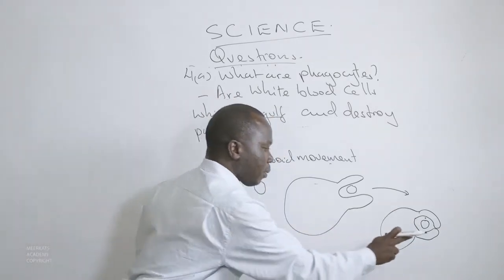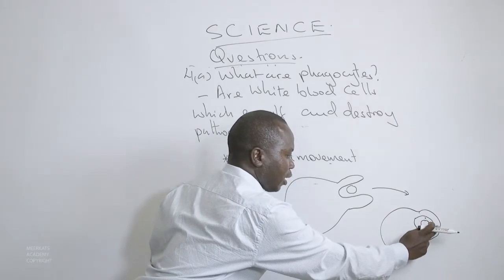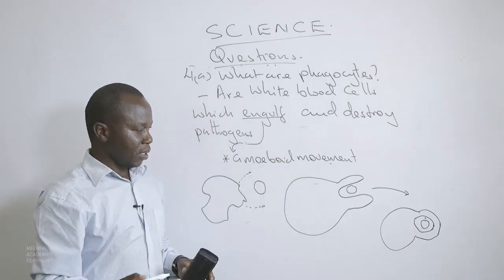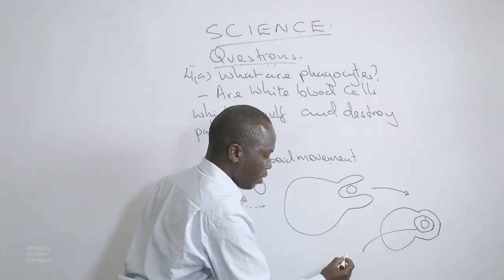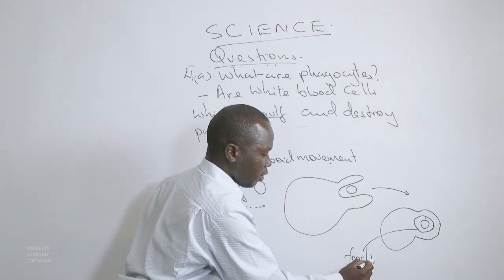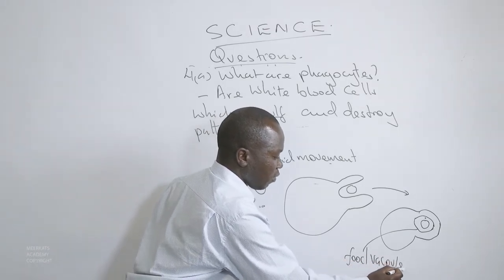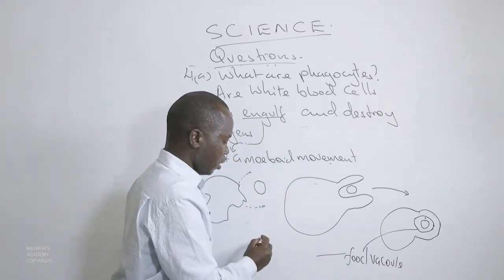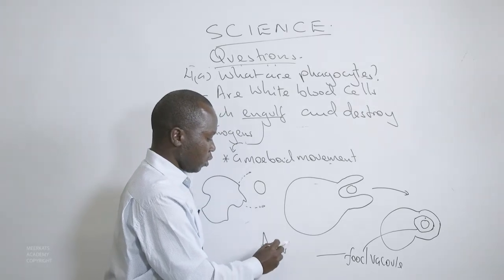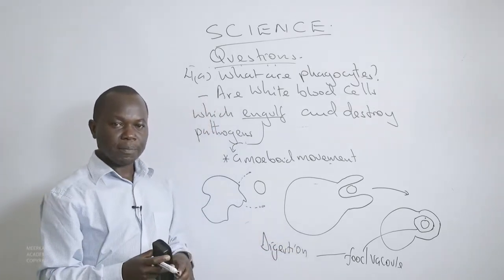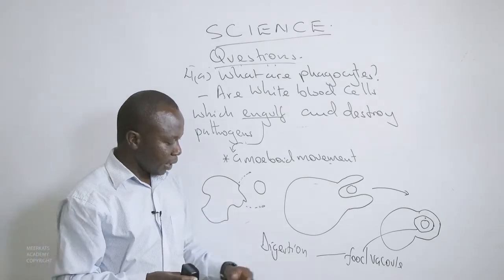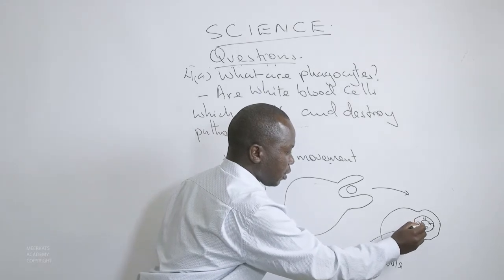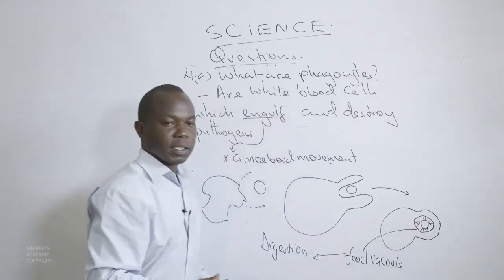When it surrounds the particle completely, the two membranes at that point will fuse. When they fuse, they form a vacuole. That vacuole is called a food vacuole, and the role of the food vacuole is digestion. For digestion to happen, we need enzymes, so the food vacuole will release lytic enzymes.